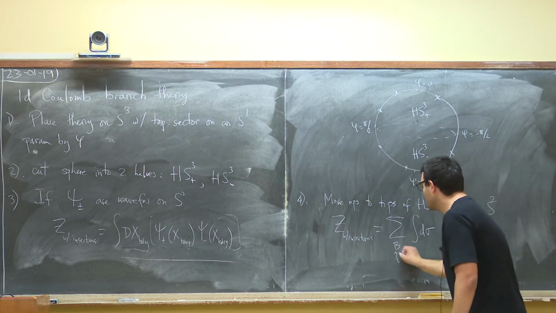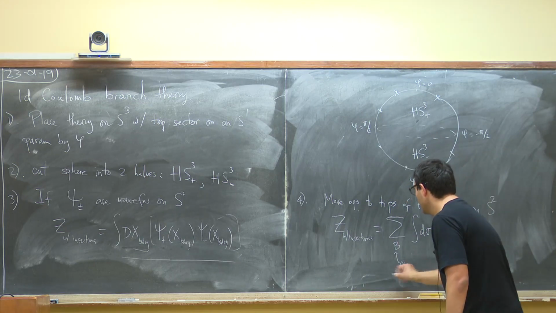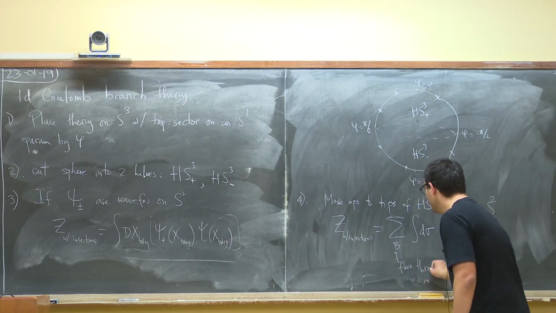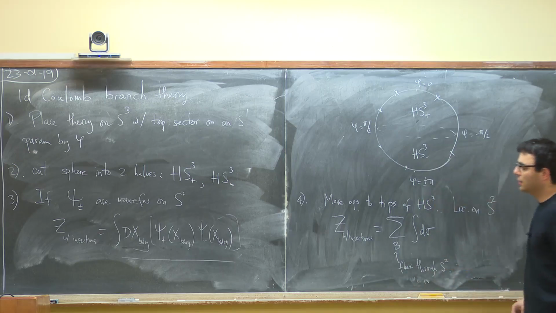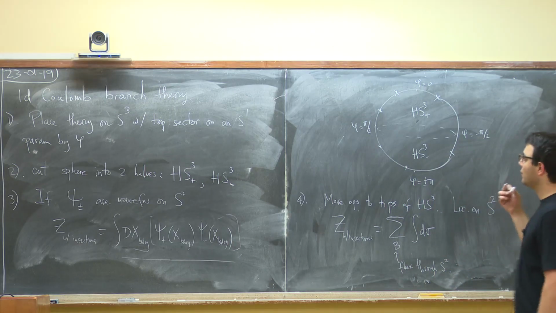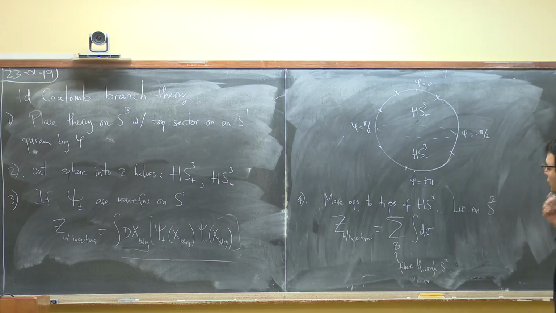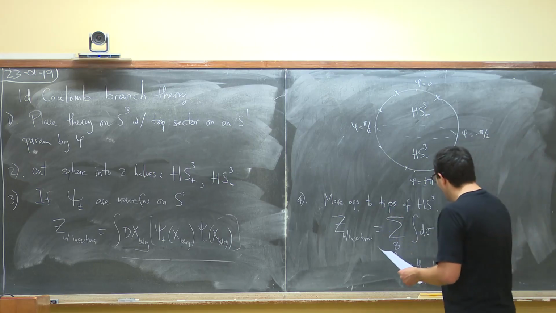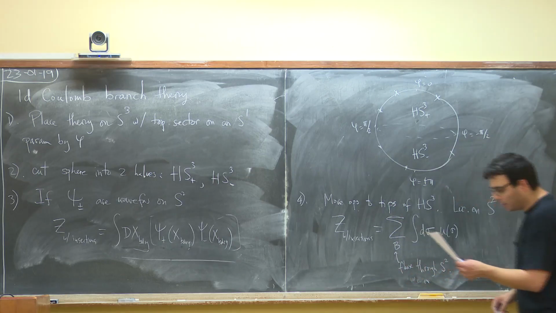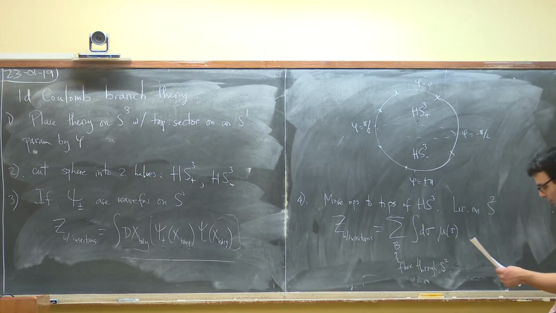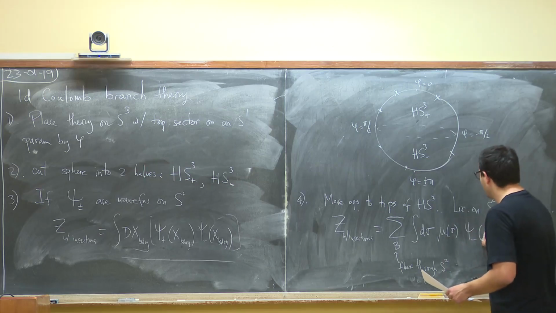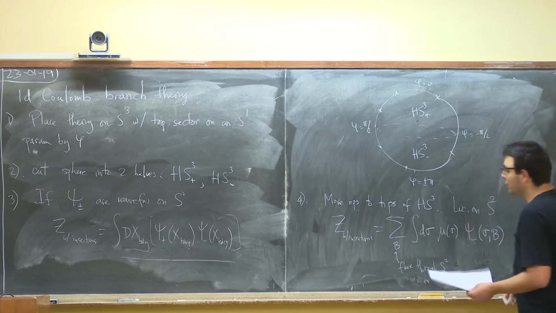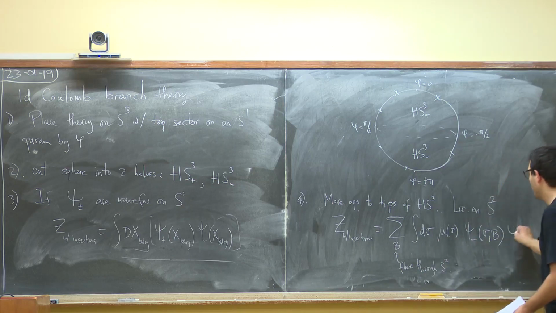This b is the magnetic flux through S2, and this sigma is some constant value for one of the fields in the vector multiplet. It's the same sigma that appeared before, with some measure that one can obtain from 2D localization, and then we just have these wave functions evaluated now. They're only functions of 2 variables, sigma and b.